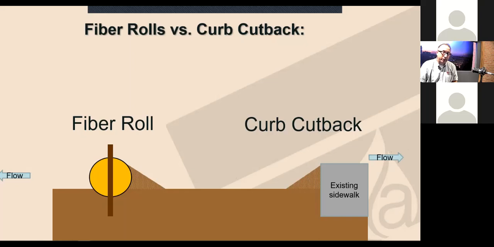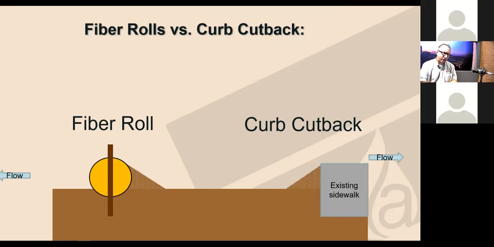So in certain places where we have an interface between softscape and hardscape, it's a good place to consider the possibility of using a curb cutback. Now, curb cutbacks aren't for everywhere, and it's not for everywhere you have that interface.